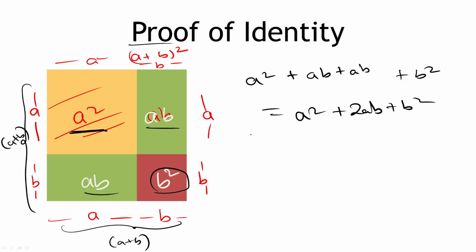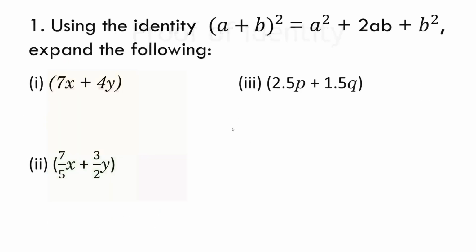So now we are going to do exercise 4.1. Using the identity (a + b) square is equal to a square plus 2ab plus b square, expand the following. We can do this very easily. (7x + 4y) square. So a square, which means (7x) square, plus 2 times 7x times 4y, plus (4y) square, is equal to 49x square.